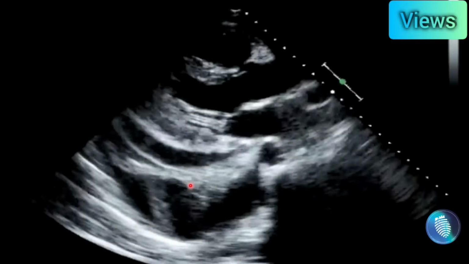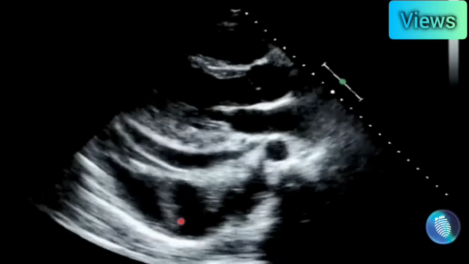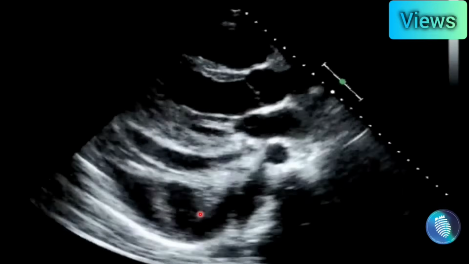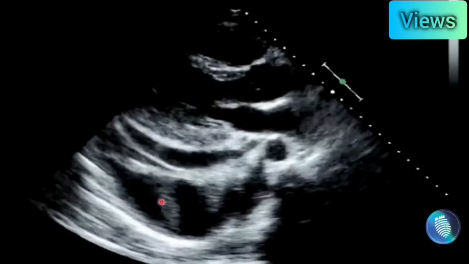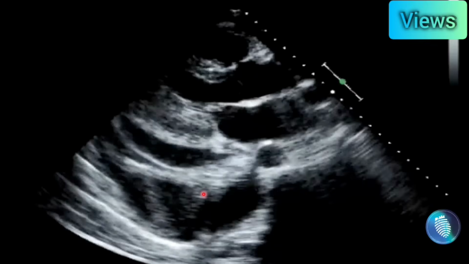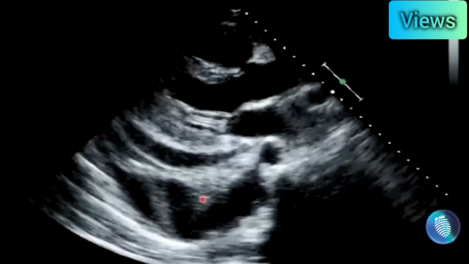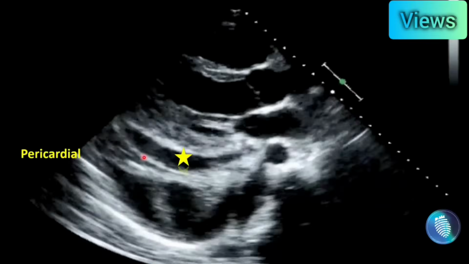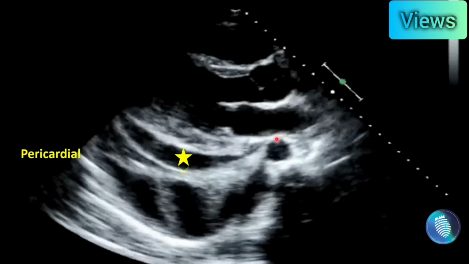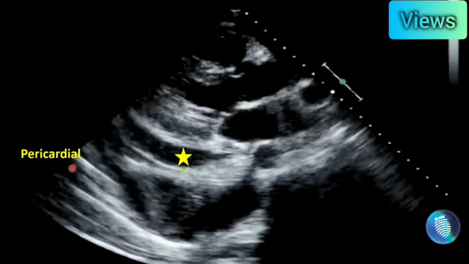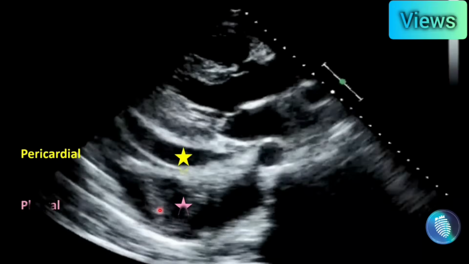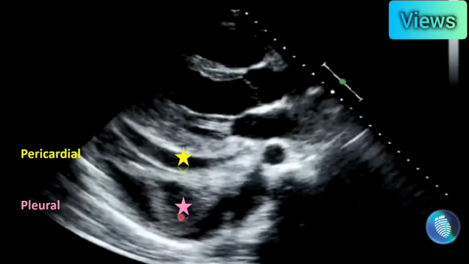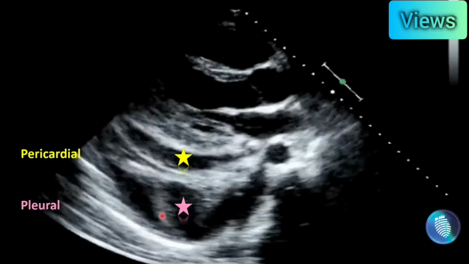We even notice that there is a gray soft tissue mass here, which is a collapsed lung lobule. So this is 100% pleural effusion. As we explained, this space is in front of the descending thoracic aorta, so this is pericardial effusion, and the other fluid-filled space is the pleural effusion.